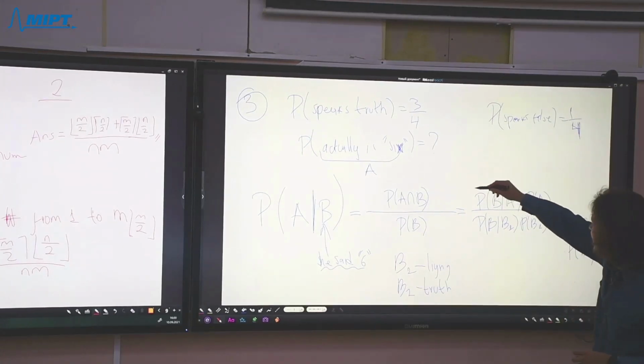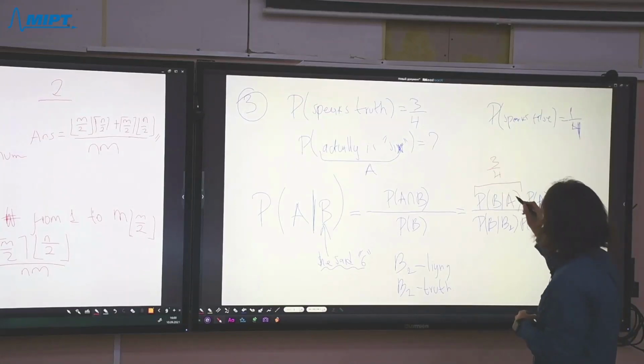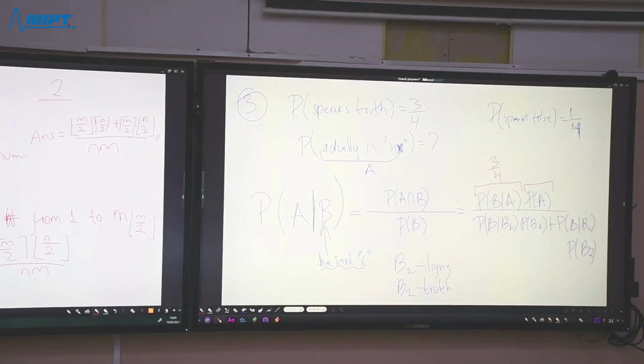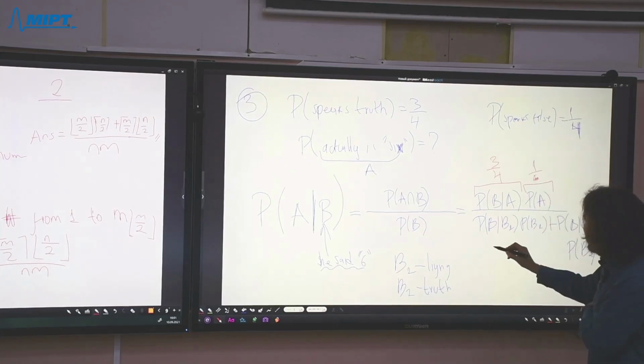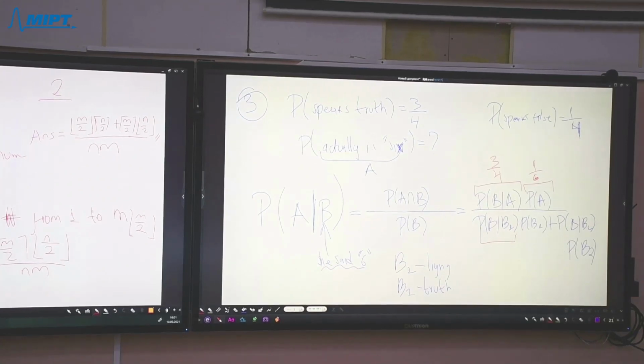What is the probability that he said 6 if he obtained 6? 3/4. Now, what is the probability that he obtained 6? 1/6. Now, what is the probability that he said 6 if he's lying? 1/4, right?